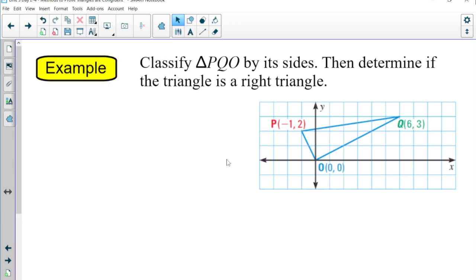We're going to use the distance formula to classify PQO by its sides. So in order to do that, all we're going to do is use the distance formula. And what we're looking for is how many of the sides are the same. So we're doing these distance formulas, and we're keeping track of how many matches we have.